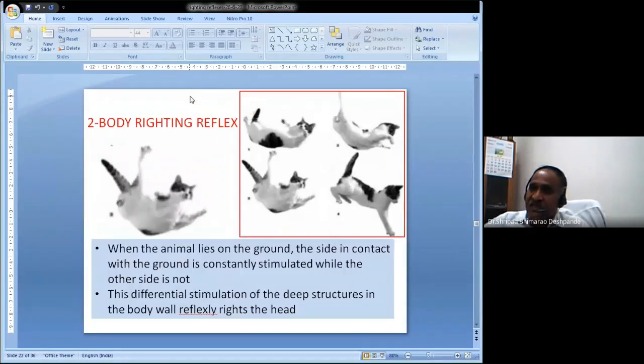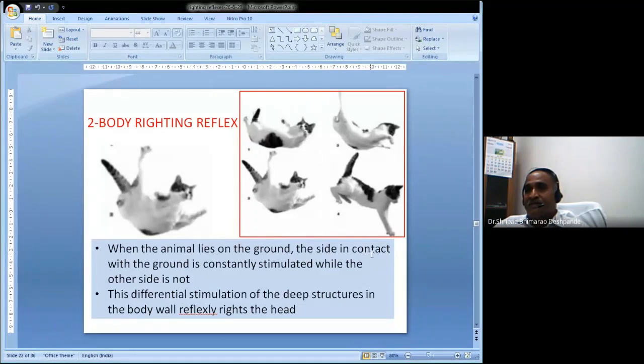Next, when the labyrinthine is activated, the body position and the neck positions are not in alignment. You see the twisting of the body, and this stimulates the body so that it will assume a position something like this.